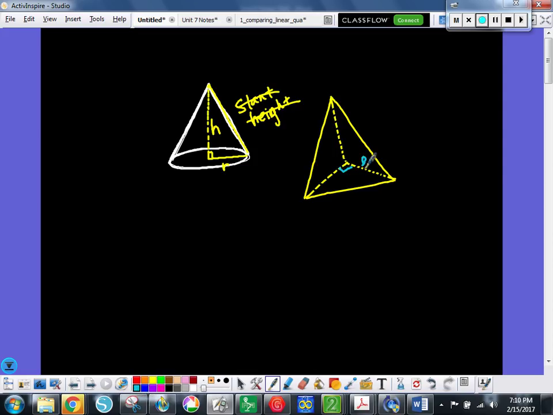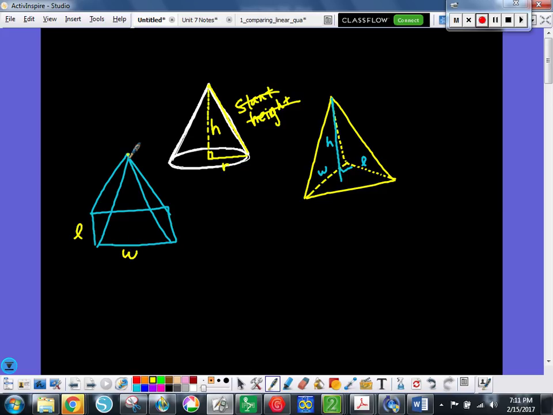This would be your length, this would be your width, and whatever comes out of the top, that would be your height. If you have a square pyramid, this is your length, this is your width, this is not your height, it has to come in perpendicular, that is your height.